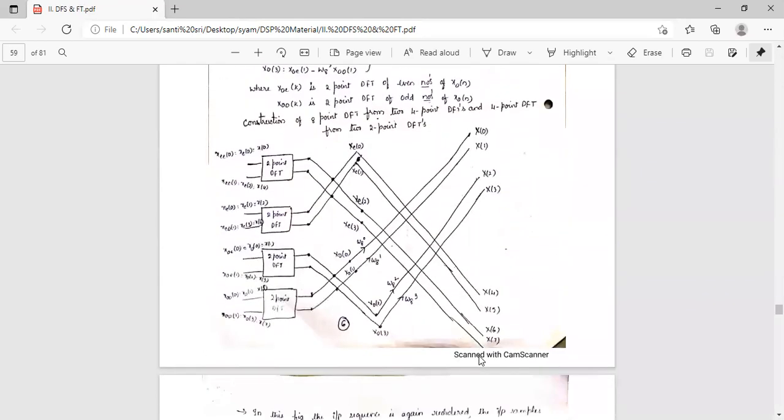So the construction of the 8-point DFT from two 4-point DFTs, and 4-point DFTs from two 2-point DFTs, is like this.